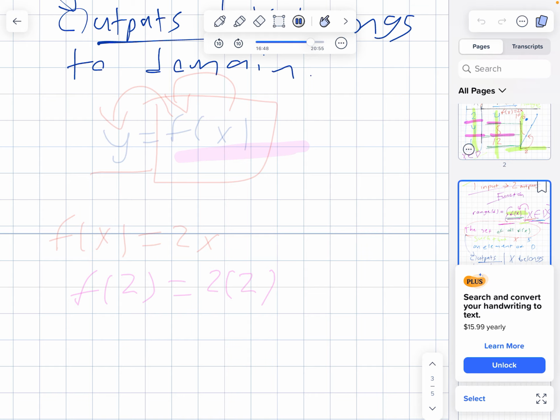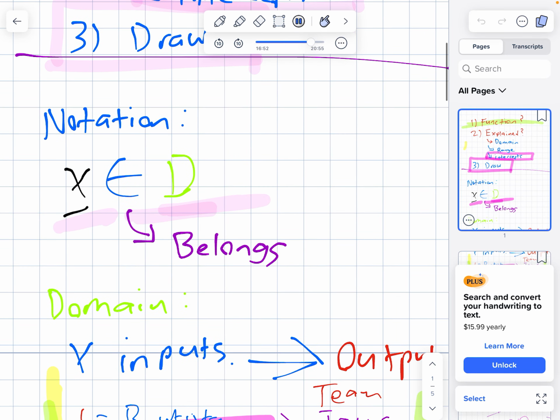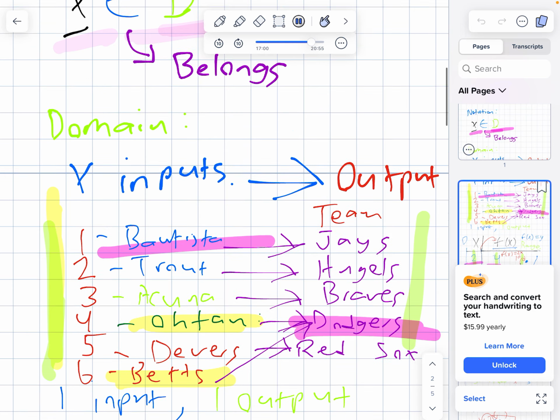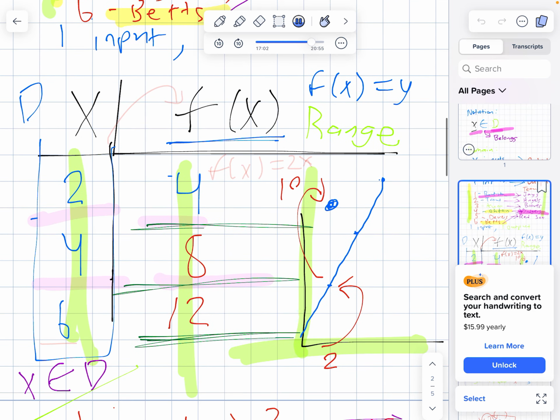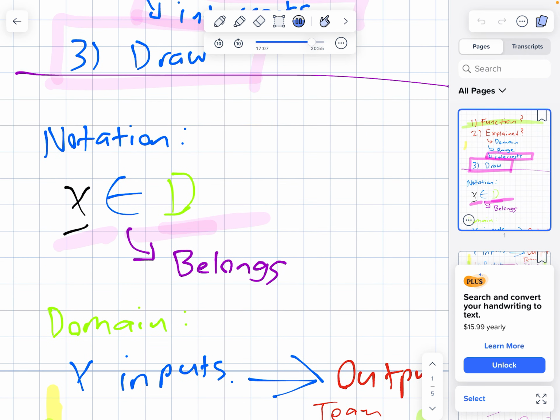Scroll back up. We explain what our domain is. We said that our domain is the set of inputs that belong to D. So domain really is a fancy way of saying these names here.